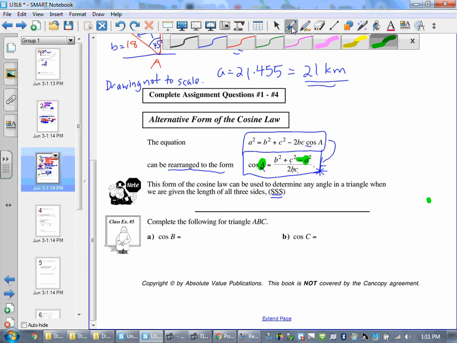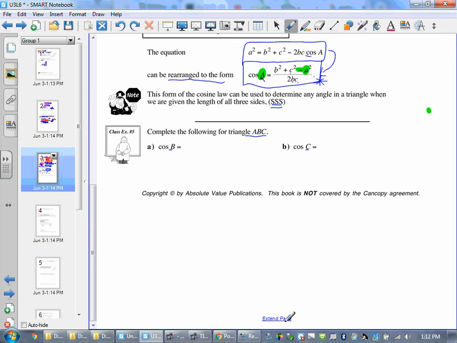So to warm us up, they're having us complete the following for the triangle ABC. If we're looking for angle B, what would the rest of our formula look like? If we were looking for angle C, what would the rest of the formula look like? You guys can do cosine. So if we're looking for angle B, we'll have a squared plus c squared minus b squared over 2ac.